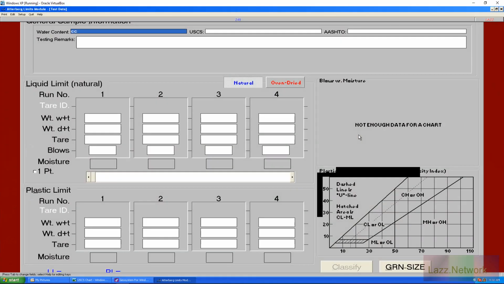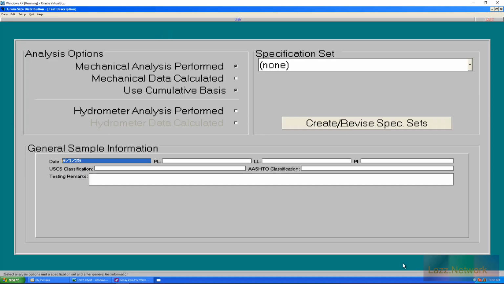Oop, I'm typing C's now into water content. That's supposed to be a number. Yeah, that just takes us to the grain size. That's very weird. I wonder if everything's supposed to be a blank.